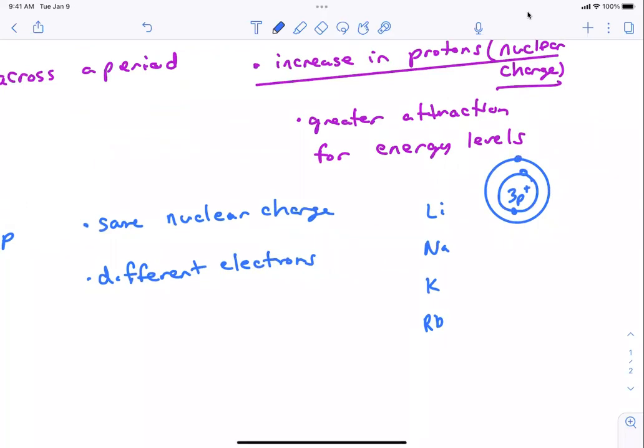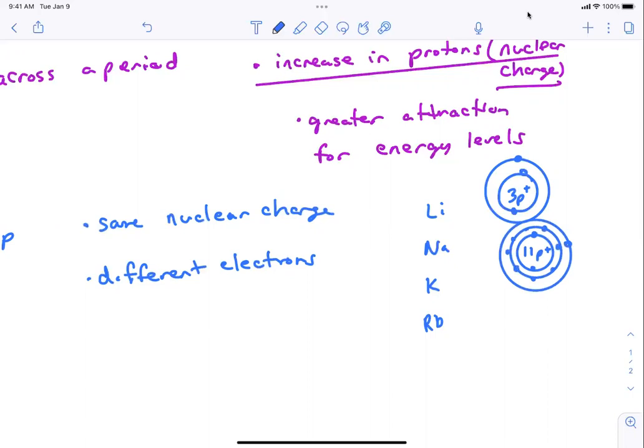And sodium has 11 protons, and then it has 2, 8, and then 1. So even though you're gaining protons, the fact that you're adding energy shells negates that additional number of protons that you're gaining.